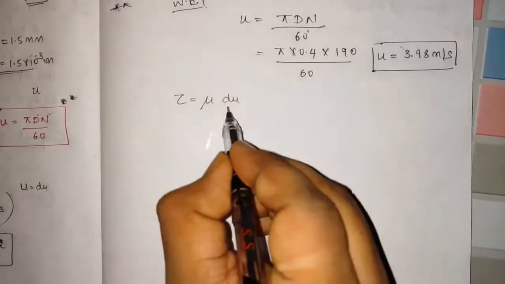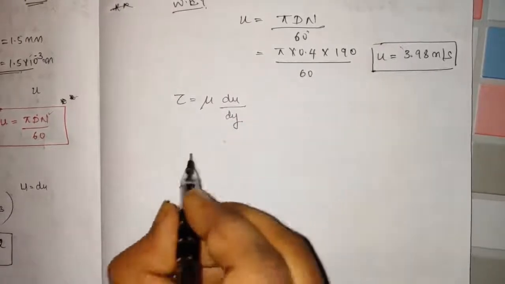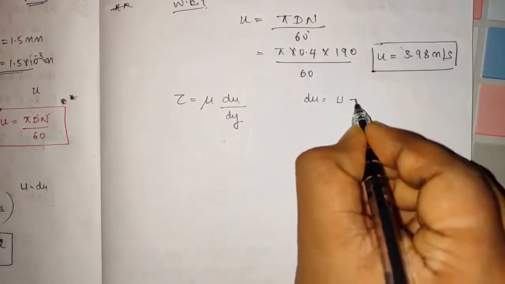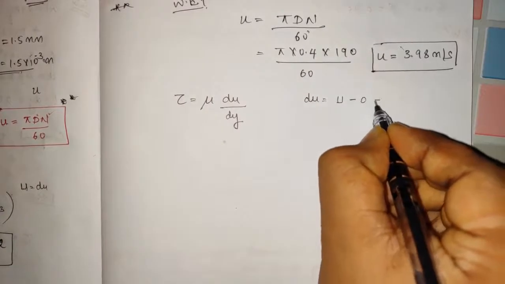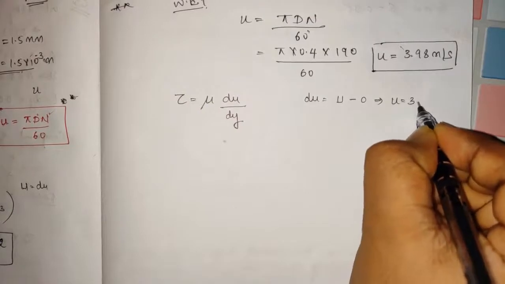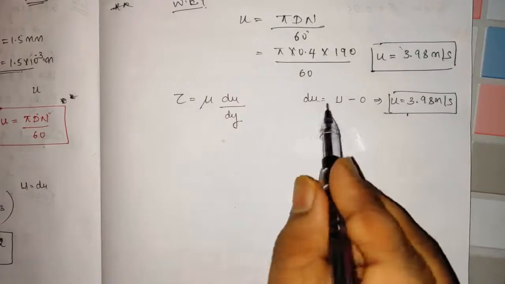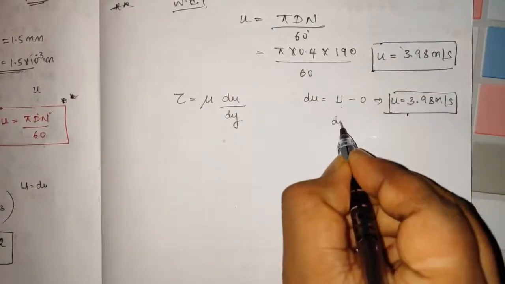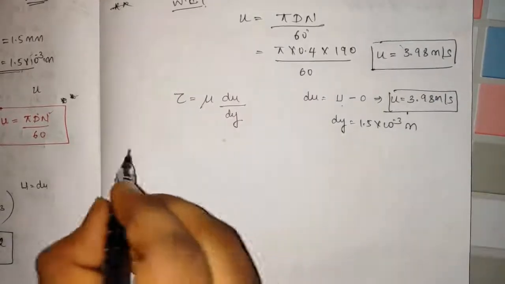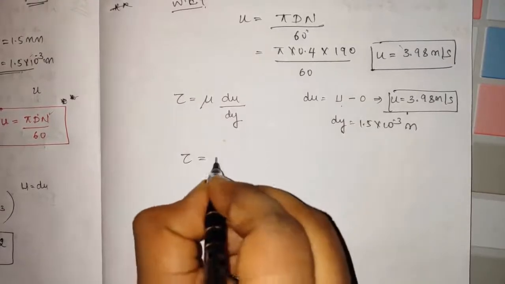So tau is equal to mu into du by dy. Okay, now du is the change in velocity. So u minus 0, I don't have another value, so I'll take it as 0. So u minus 0 is nothing but what we calculated, 3.98 meter per second. I'll take du as u only. dy is 1.5 into 10 power minus 3 meter.